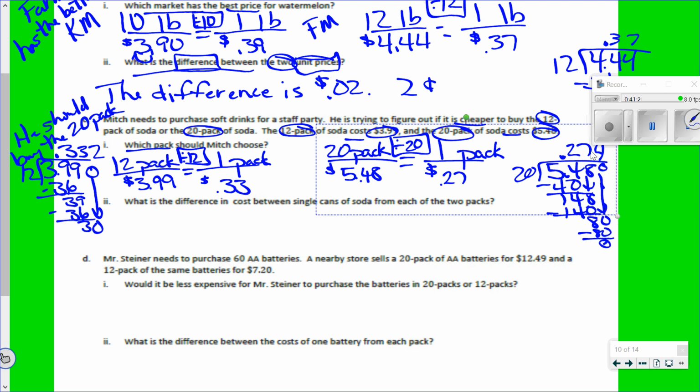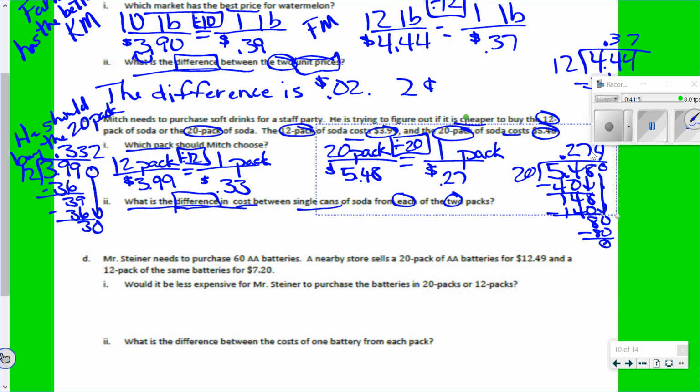And then our next one, what is the difference in cost between single cans from each of the 2 packs? What is the difference? T, you haven't answered one yet. What's the difference between the 2 12 packs? The 2 packs of soda. How did you get that?